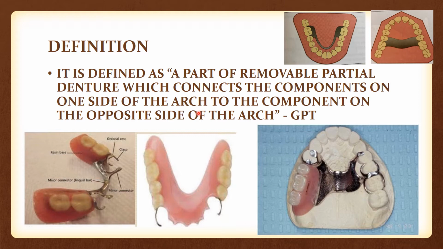Major and minor: minor is a smaller one, major is a bigger one. So this is the component that is your major connector. As you can see, it is connecting this part to the other part, connecting components of one side of the arch to the components of the other side of the arch. So this is your major connector.